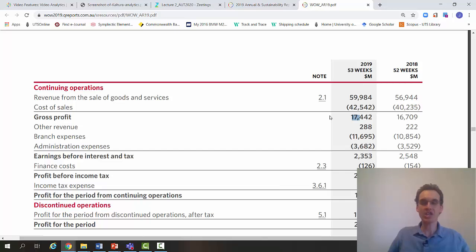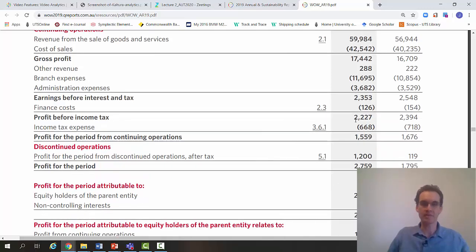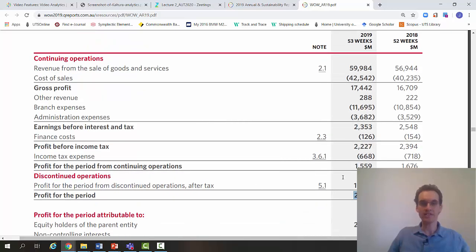Now, it's an indication that Coles and Woolworths and Aldi and IGA and other supermarkets operate in a very, very competitive market, which is why they don't have really, really high margins. Because once you take away all the other operating expenses and other items, they're left with $2.7 billion in profit for the period.